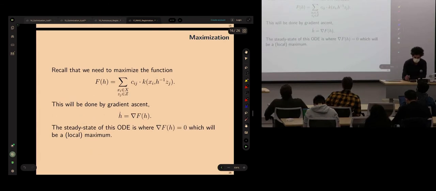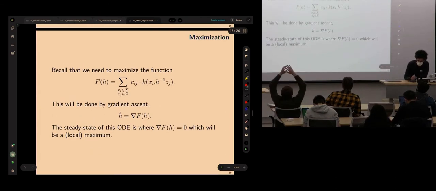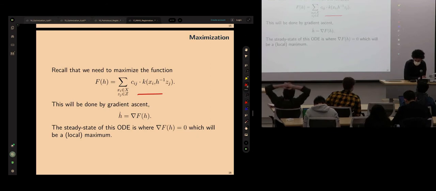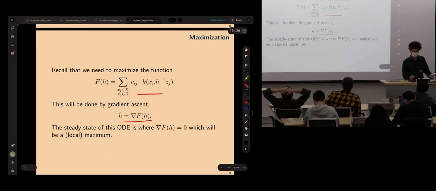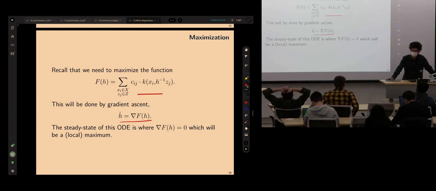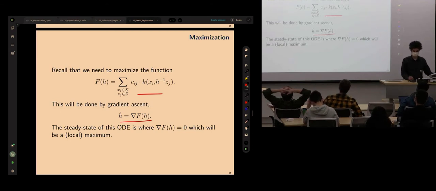So the goal is to maximize this function to find the rigid body transformation. If I know the gradient, I can just do gradient descent. By following that direction, that will give me an ODE. The steady state solution of this ODE will be at the steady state, where H dot is 0.